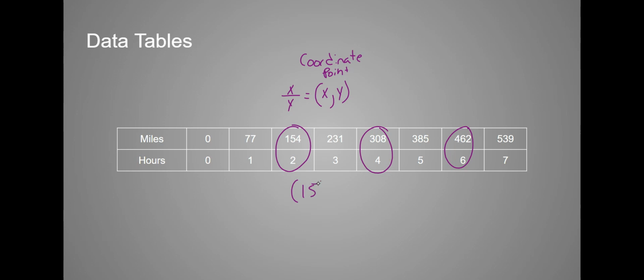This will be 154, comma 2, 308, comma 4, 462, comma 6. And what we're going to do is use this data table and these coordinate points to sketch a graph.